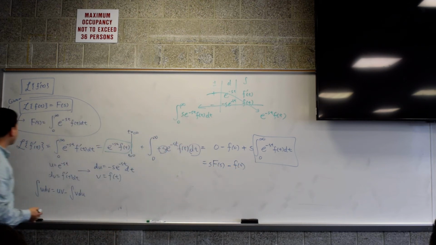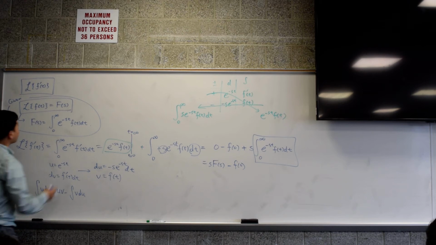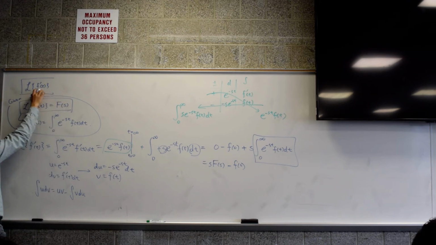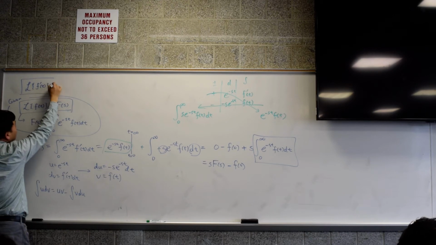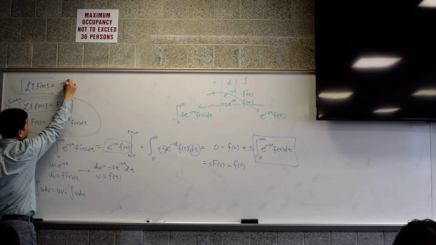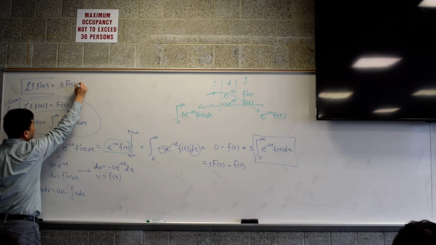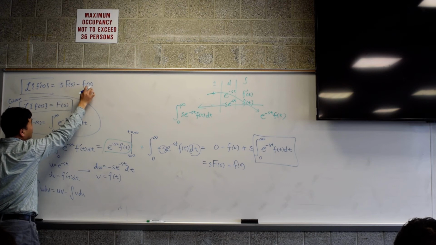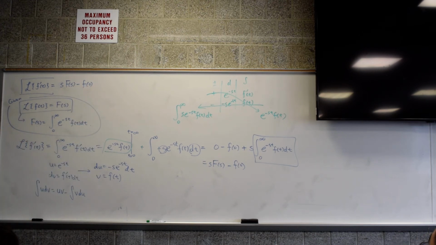So that's the important formula that we just figured out. We just proved that if you take the Laplace transform of f prime of t, you end up with, no, you end up with s times capital F of s minus the lowercase f of 0, the value at 0 of the original function f.